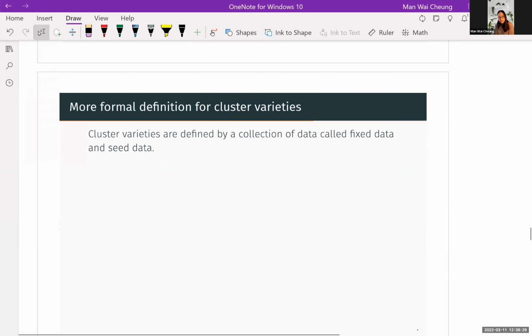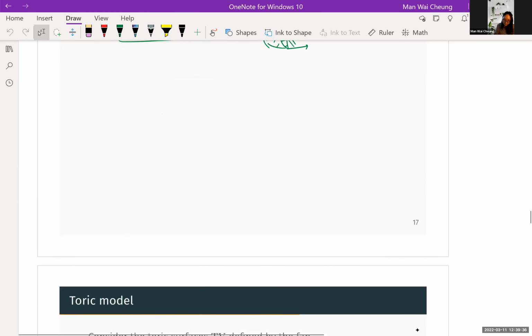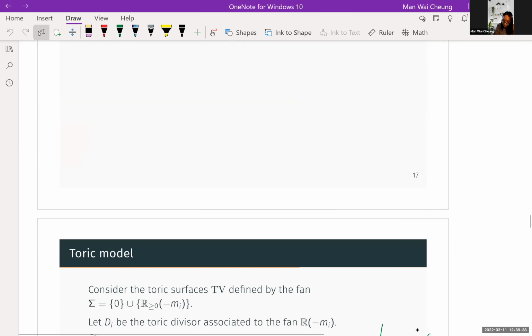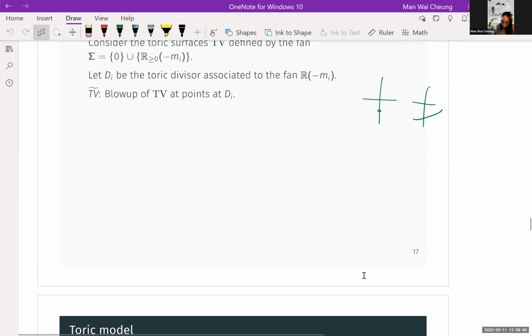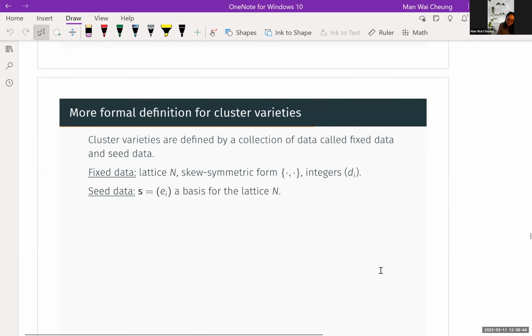So let us go back to how we apply this finding to the cluster variety setting. So now we have no choice but to get to the more technical part of the cluster variety. So cluster variety can be defined by a collection of data called fixed data and seed data.